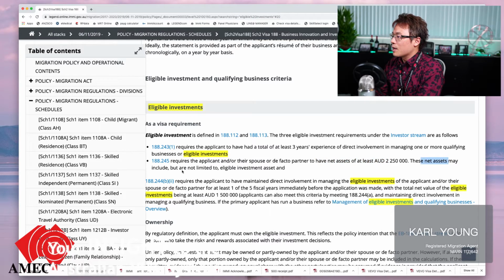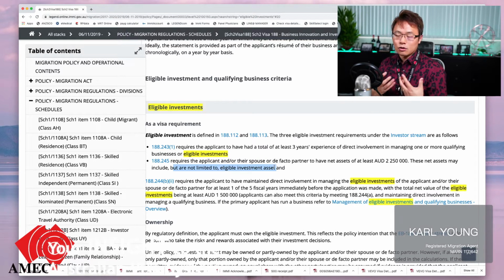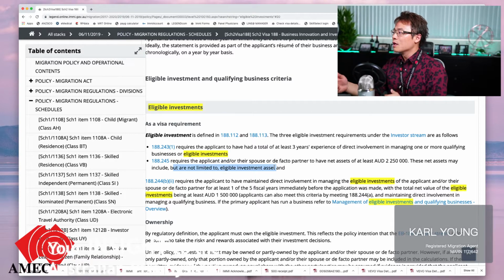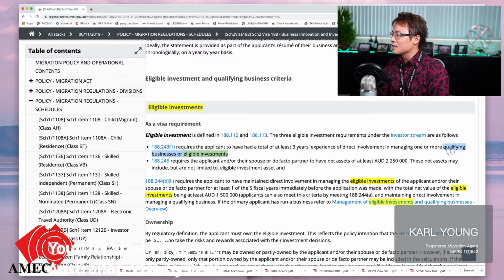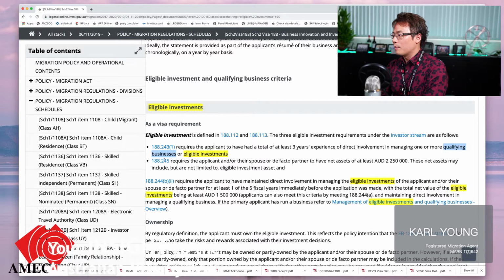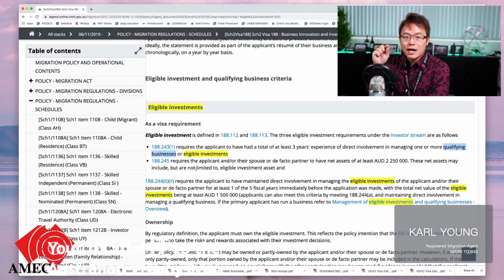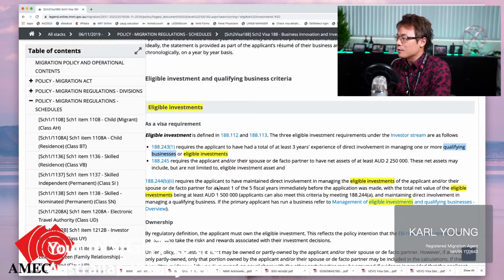These net assets may include but are not limited to eligible investment assets. So the assets can include your investment assets, but they can also include the qualifying business, because there will be a net business asset to be included as well. But anyway, today we are talking just about eligible investments.